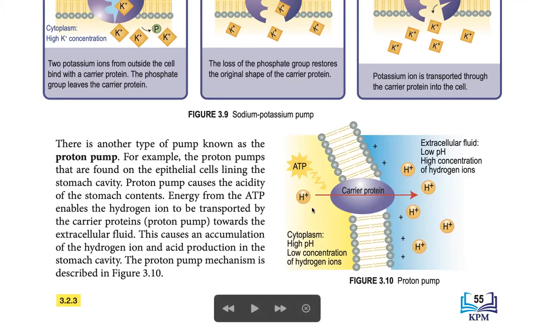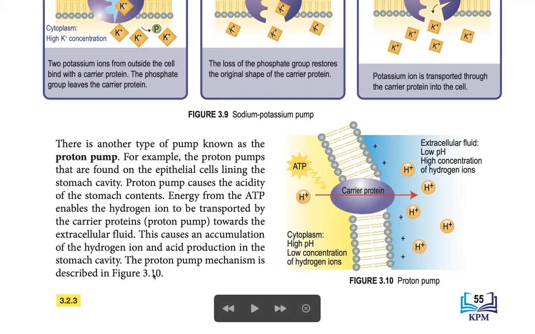Okay, ni cytoplasm. Okay, yang ni adalah dekat luar sel. Okay, so the energy from ATP enable hydrogen ion to be transported by carrier protein towards extracellular fluid. Okay, and this cause accumulation of hydrogen ion and acid production in a stomach cavity.